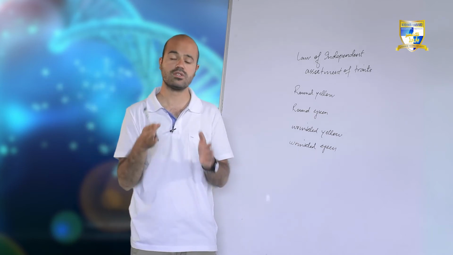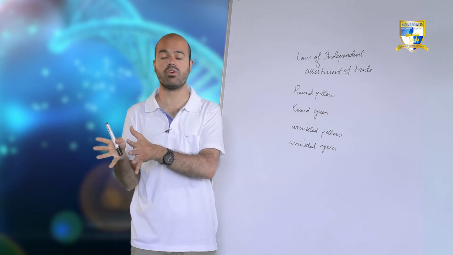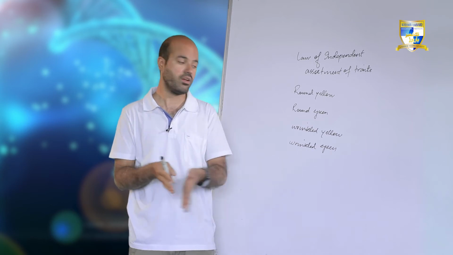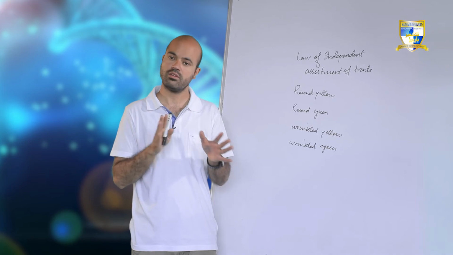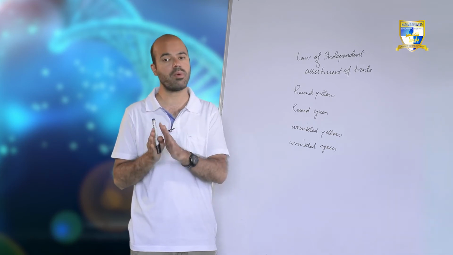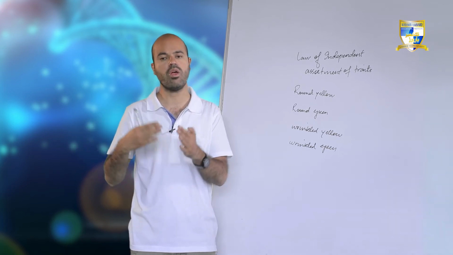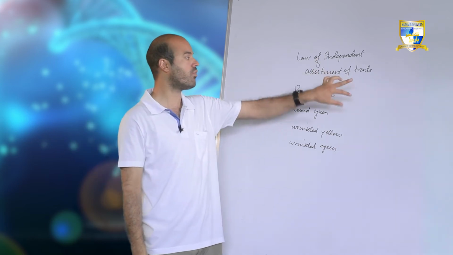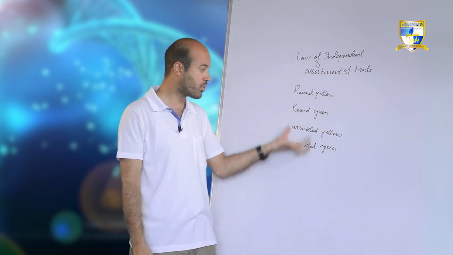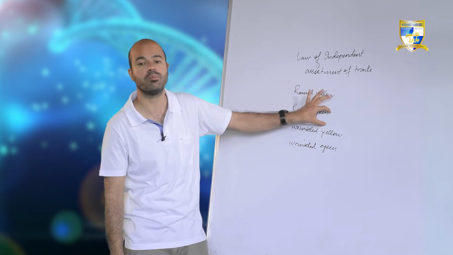It's not the case that round is always dependent on yellow color and green color is always dependent on wrinkled shape. No. Any character can combine with any other character and move from one generation to another. That is called the law of independent assortment, which is proven by these two new combinations.